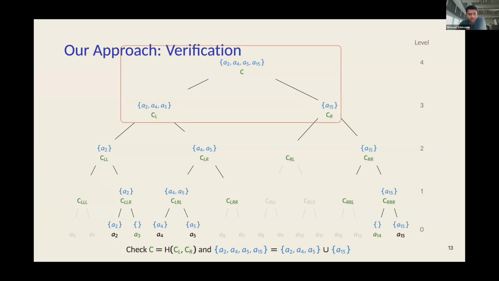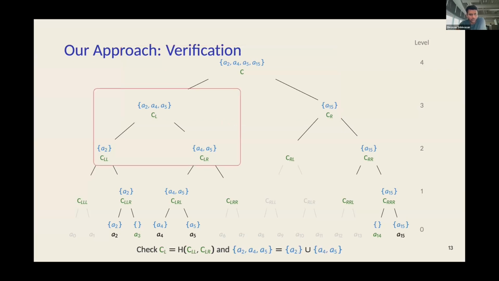In this example, when we start from the root, first we check if the Merkle hash is indeed correct by hashing the left child and the right child. We also check if the union of the node subsets of the left and the right make up the root. In this case, it's A2, A4, A5 union A15, and we check this against the root.